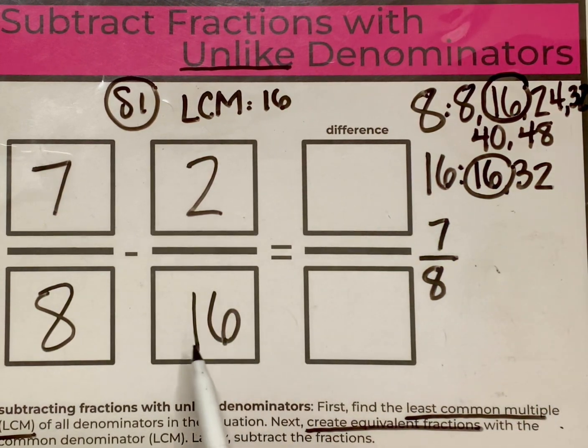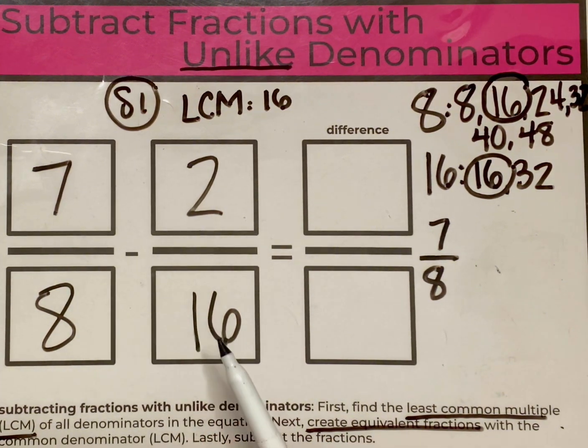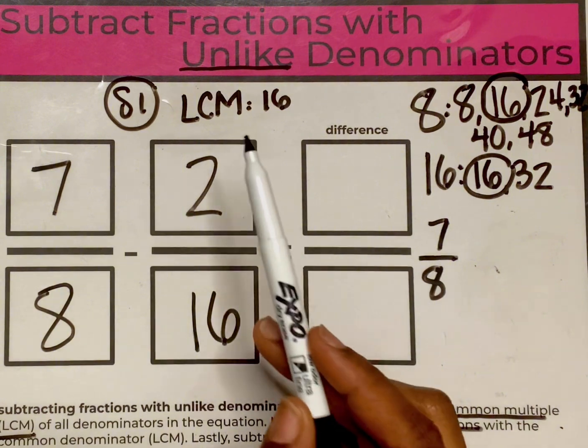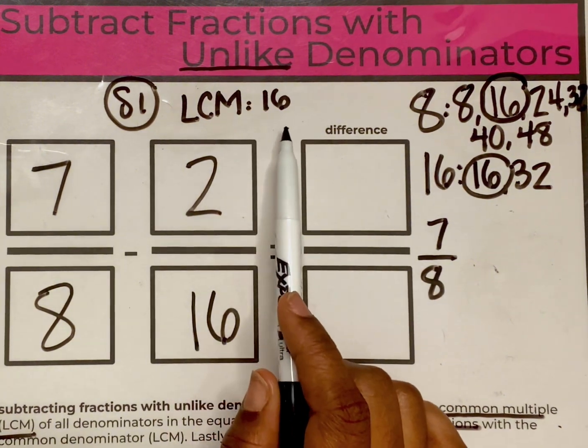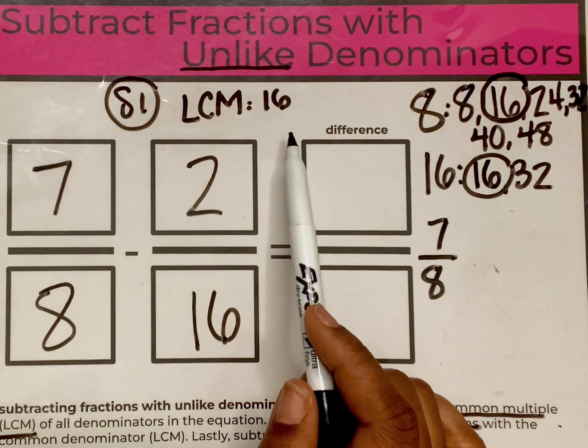So you may be asking, which fraction are we going to make an equivalent for? Well, the purpose of the equivalent fraction is to have the same number of pieces as your LCM. Your LCM is 16, so we want 16 parts, which means we want 16 as our denominator.